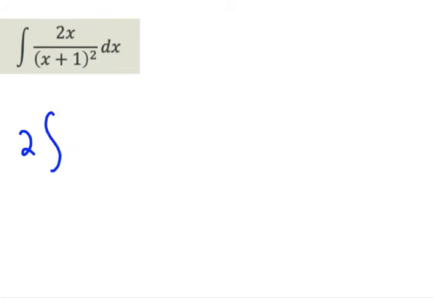So if I do this, what do you think? It's right. It's kind of like a chain rule.